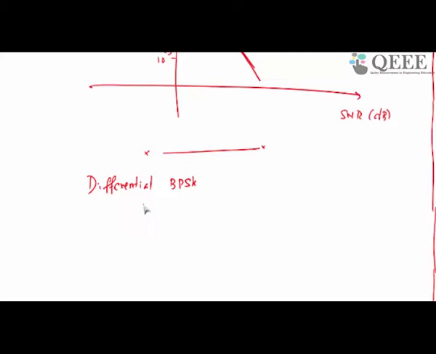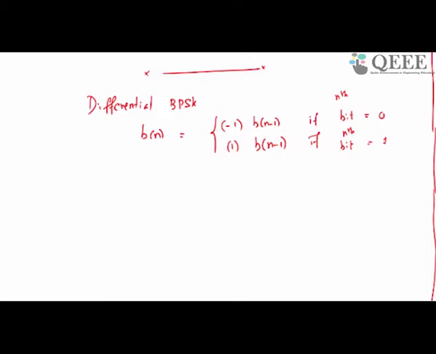Again let me recall, B of n will be minus 1 times B of n minus 1 if the nth bit is 0, and 1 times B of n minus 1 if the nth bit equals 1.